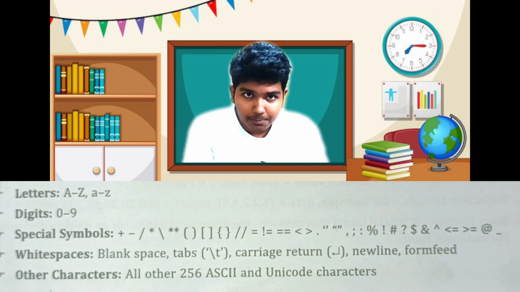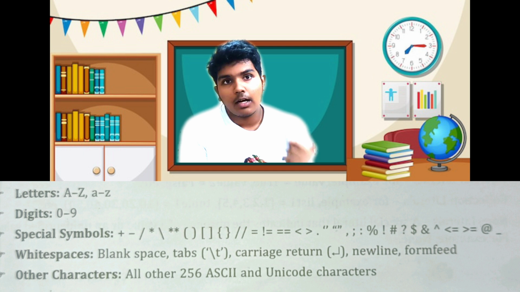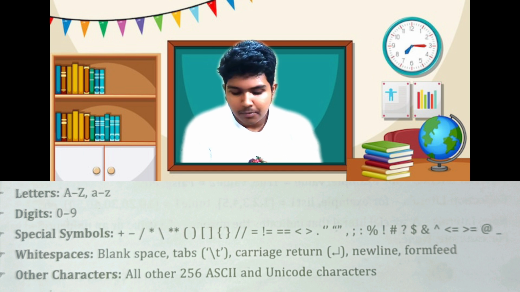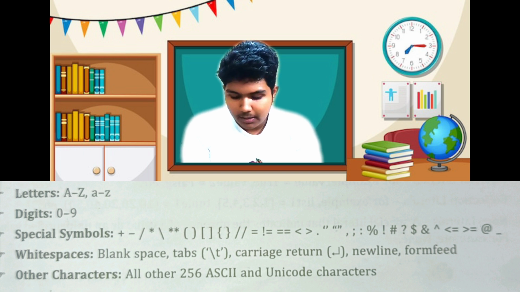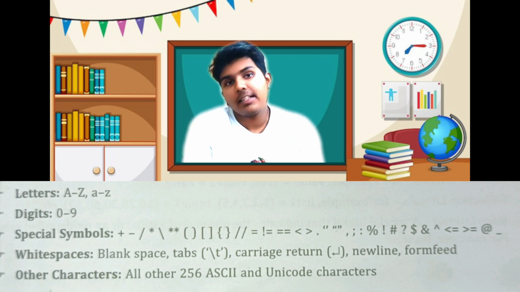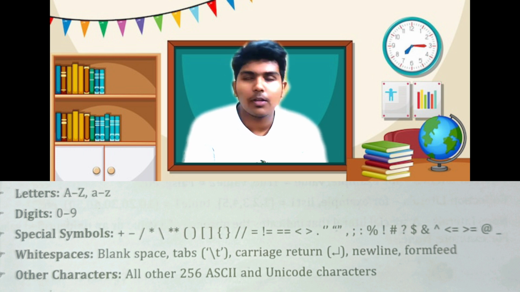Next we have the white spaces. The white spaces mean blank space, tab, that can also be written as backslash t, carriage return, new line, form feed. Now other characters are all other ASCII 256 characters and Unicode characters.